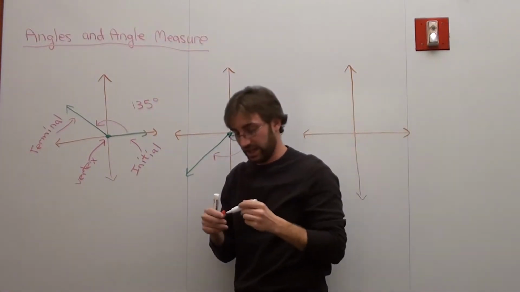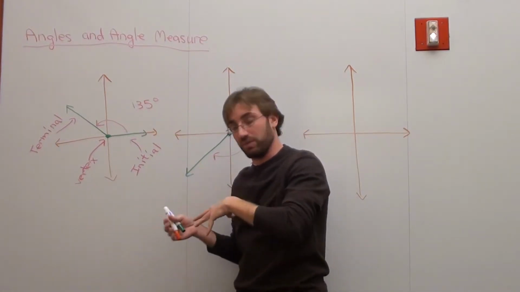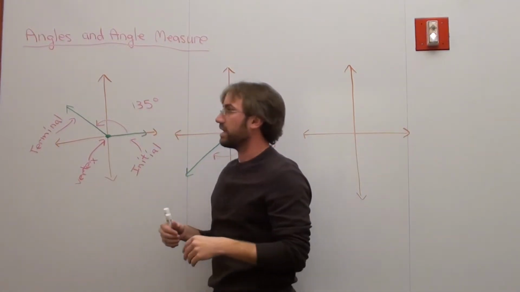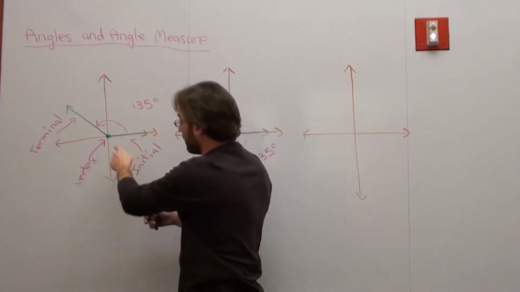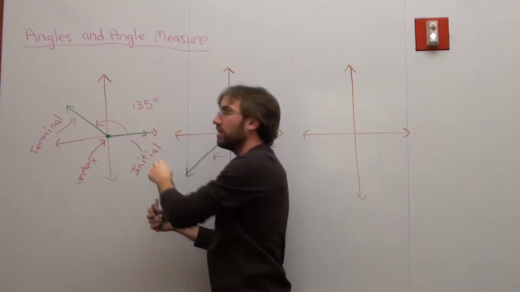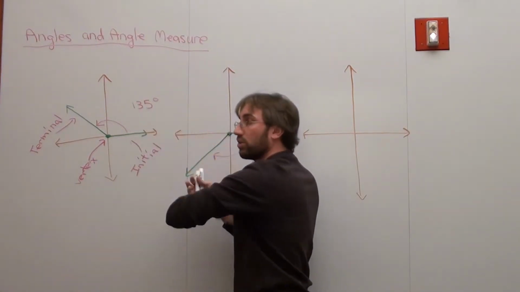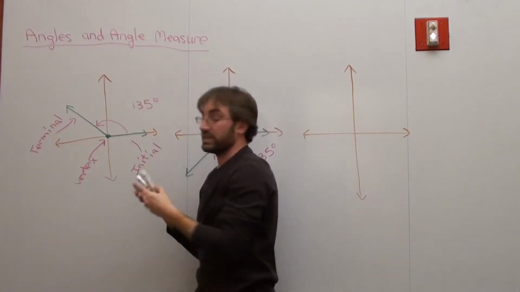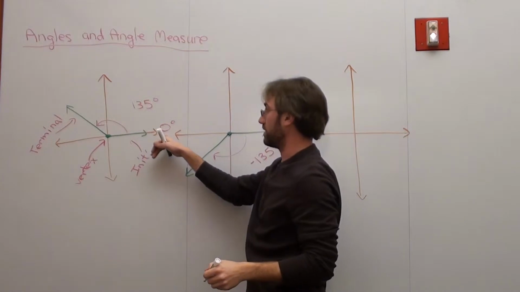What's really interesting is where some of the important angle measures are placed. For instance, if the terminal and the initial side are shared, which means the initial's here and the terminal's here, and the terminal didn't go anywhere, it didn't go counterclockwise positive or clockwise negative, it would be at 0 degrees. So right here, if the angle doesn't move, it's at 0 degrees.